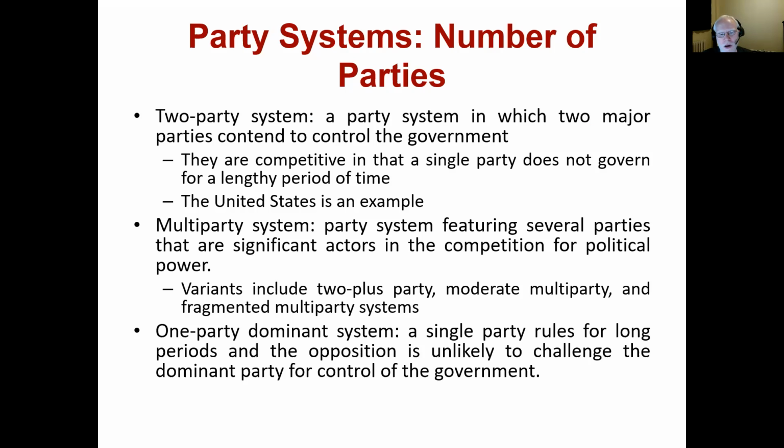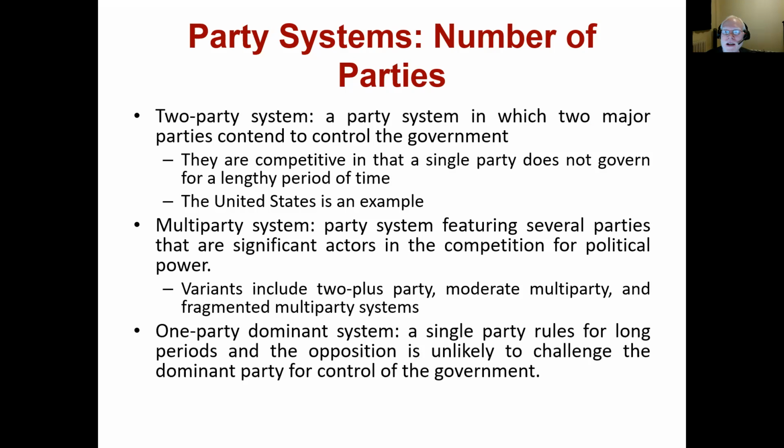So it would be hard to say that you've got your dominant one. And so the consequences in terms of policy, in terms of stability of government, in some cases frequency of election, in terms of swing in who's governing, will be affected by whether you're a two-party system, a two-party plus system, a moderate multi-party system, or a fragmented multi-party system.